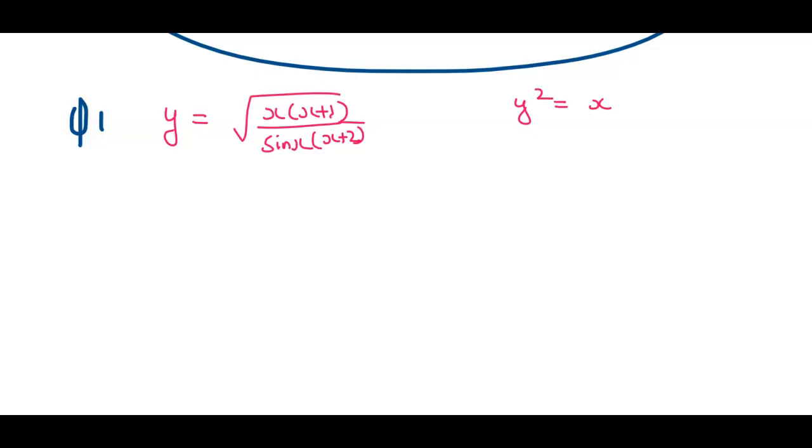Like I take a question as y is equal to under root x plus 1, sin x into x plus 2. So normally what a student does, he goes for y square, then he does this x plus 1 sin x plus 2.